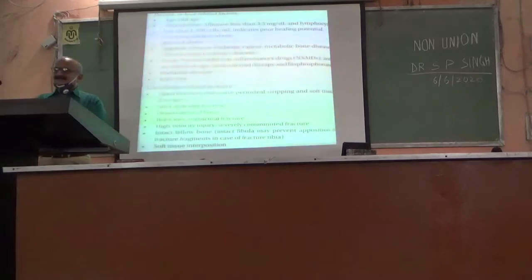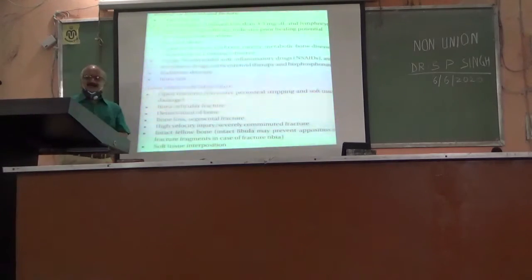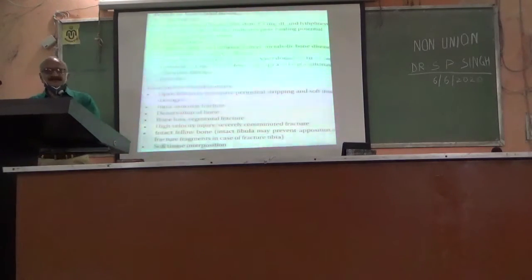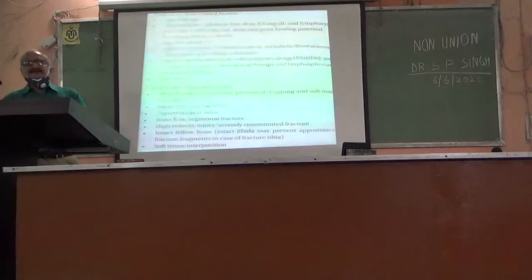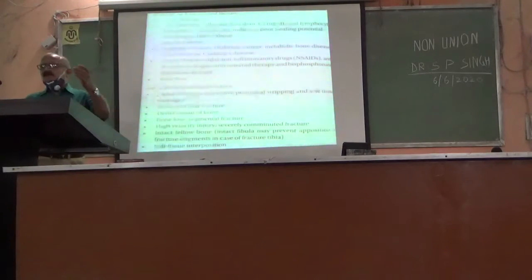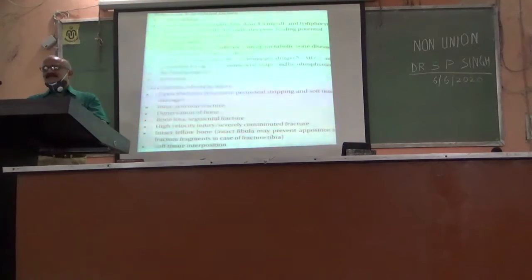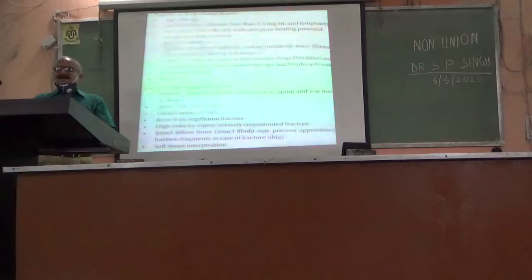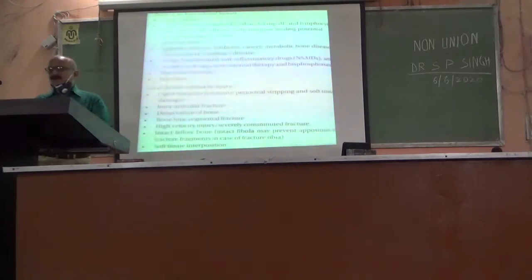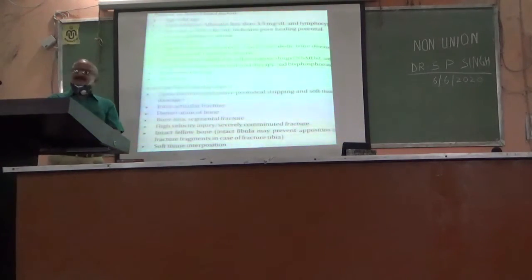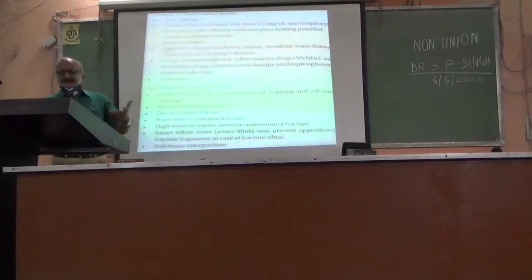Intact fibula. How can intact fibula be a counterproductive thing in the union of tibia? What happens in the fracture of both bones of the leg, suppose tibia and fibula? Isn't it possible that the fibula may unite earlier? They are two different bones, and the fibula unites earlier.